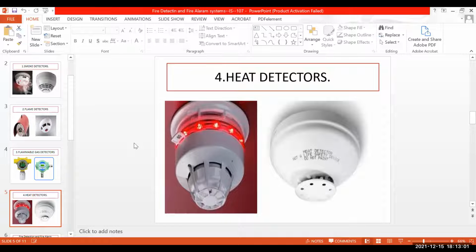These heat detectors will most probably be used inside, and in some locations we have identified, like warehouses where material stacking is there, and in some enclosed areas, not only portacabins.